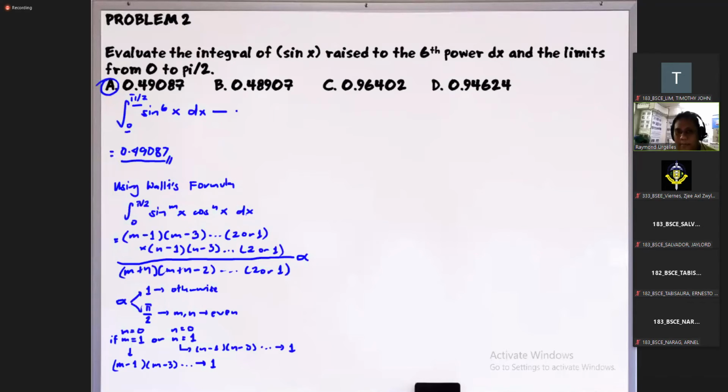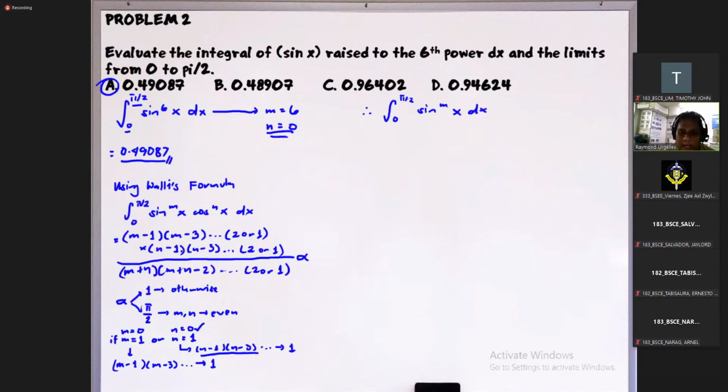So that's why in this problem, we see that m is equal to 6, that's the exponent of sine, and our n is equal to 0. First, since n is equal to 0, it qualifies here, so we remove this from the equation. Therefore, what remains is the integral from 0 to pi over 2 of sine to the m of x, dx.